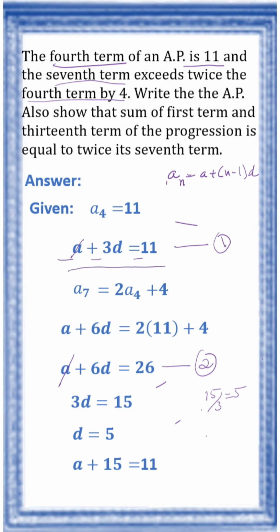Equation number 1. 3 into 5, that is 15. a plus 3d means a plus 15 is equal to 11. So a is equal to 11 minus 15, that is equal to negative 4. So now we have a equal to negative 4 as the first term, and the common difference is 5.